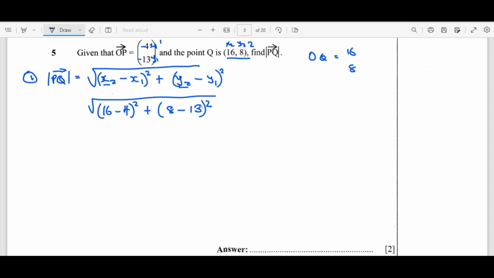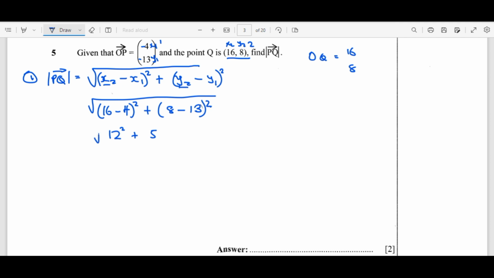So 16 minus 4 gives us 12 squared, plus 8 minus 13, which gives us negative 5.